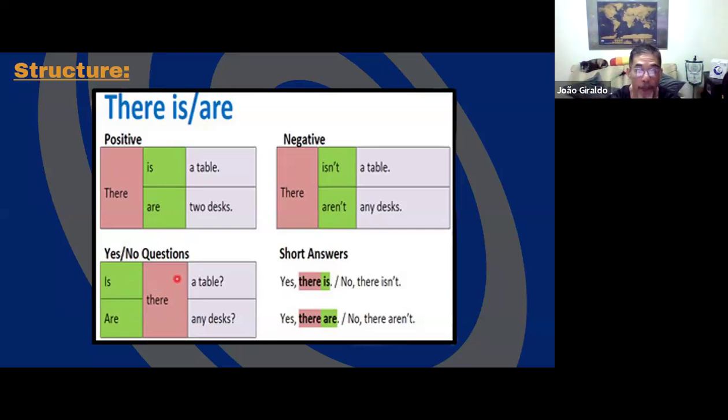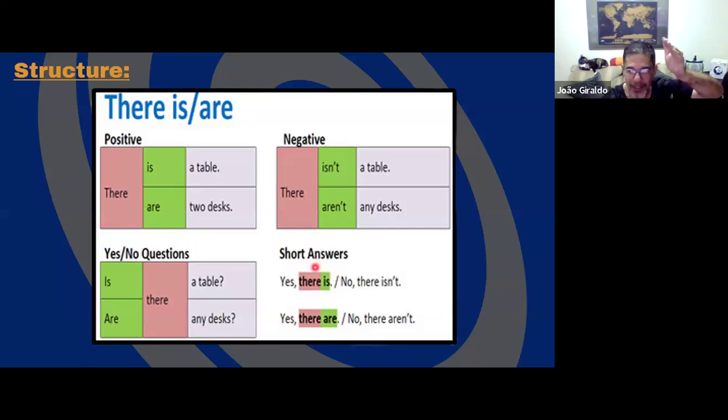So, for example, my question is, there is a table? What's the idea? Does a table exist? In English, we use, is there a table? So your answer obligatorily is yes or no. If your answer is yes, then yes, there is.